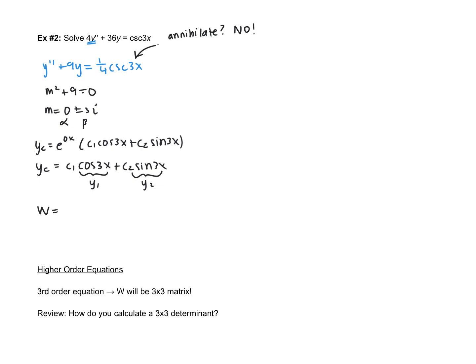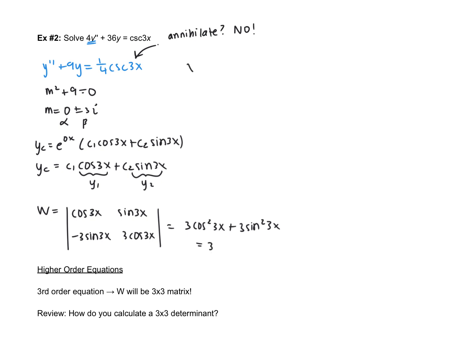So let's use that to find the Wronskian. So we have cosine of 3x, and then we have negative 3 sine of 3x. We have sine of 3x, and 3 cosine of 3x. So that gives us 3 cosine squared of 3x, add 3 sine squared of 3x, which is just 3.